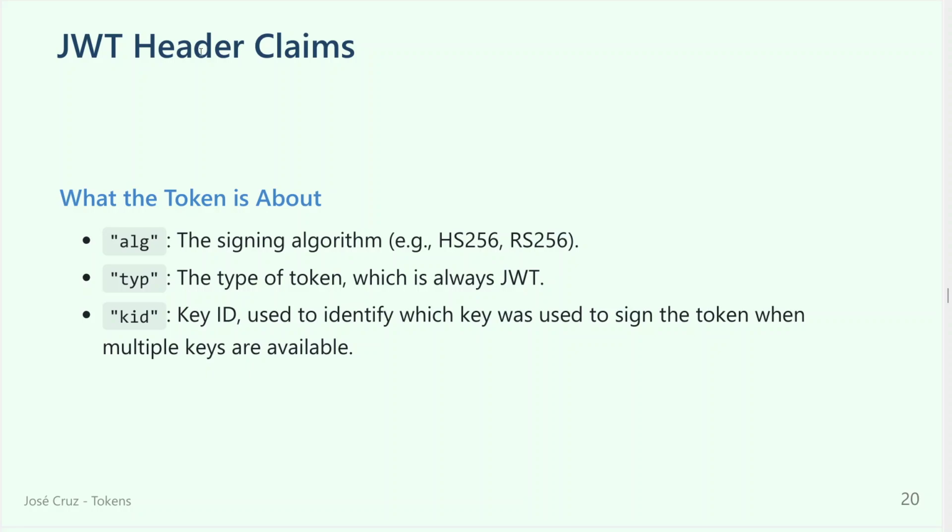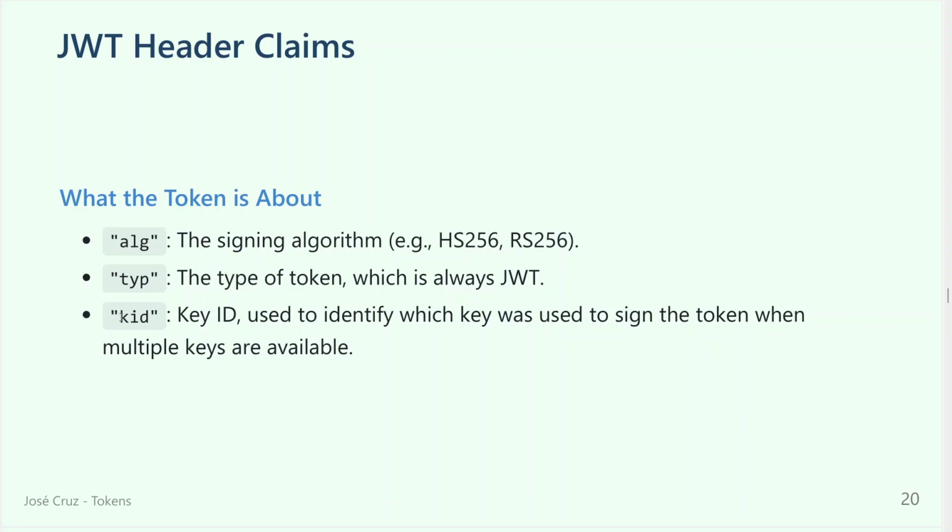So first you have the header, and if you think of an envelope, it's like you have a kind of address or meta information about what's inside. So usually we have 3 attributes. One is the algorithm used for the signature, to sign the token, so to make it incorruptible.